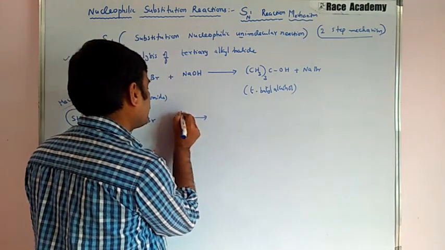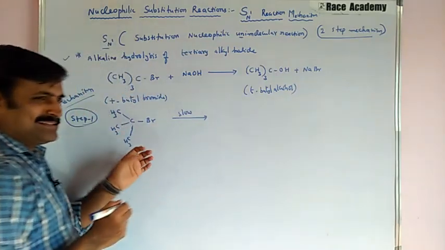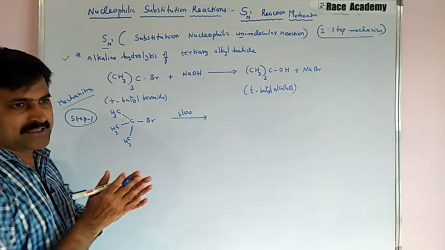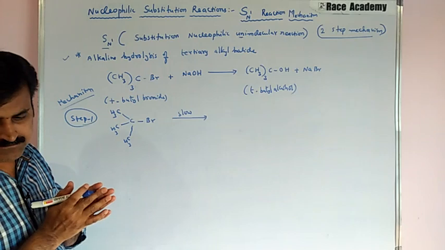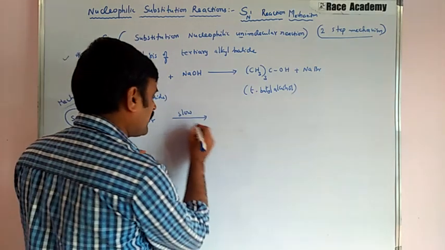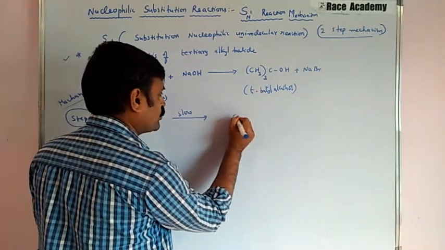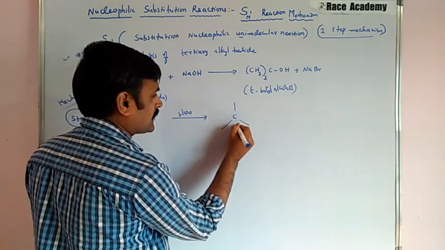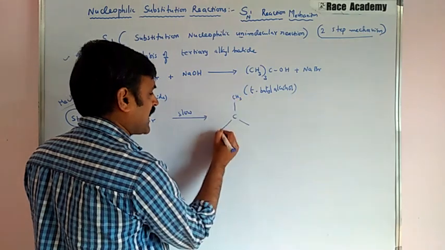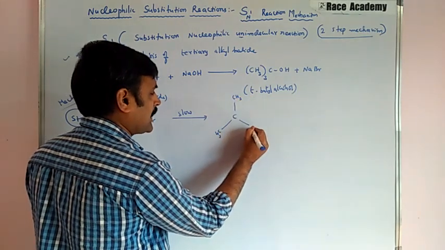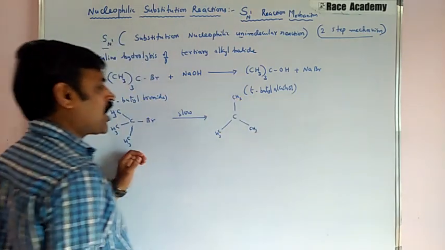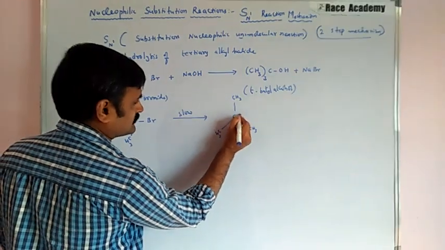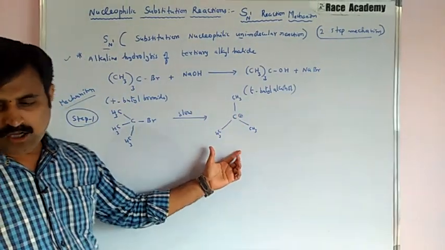That slow step becomes the rate determining step (RDS) in the reaction, which produces in the first step a planar carbocation.